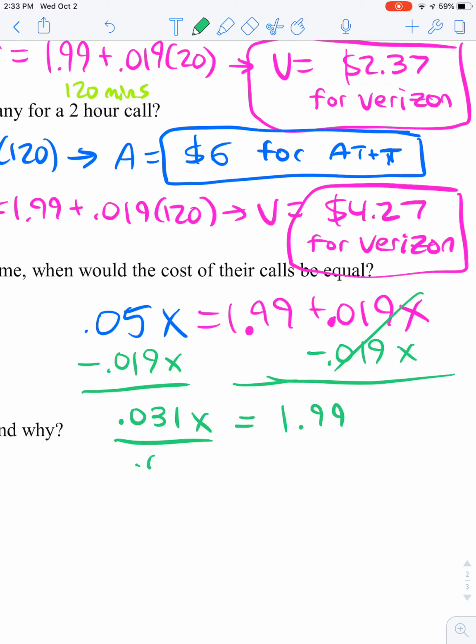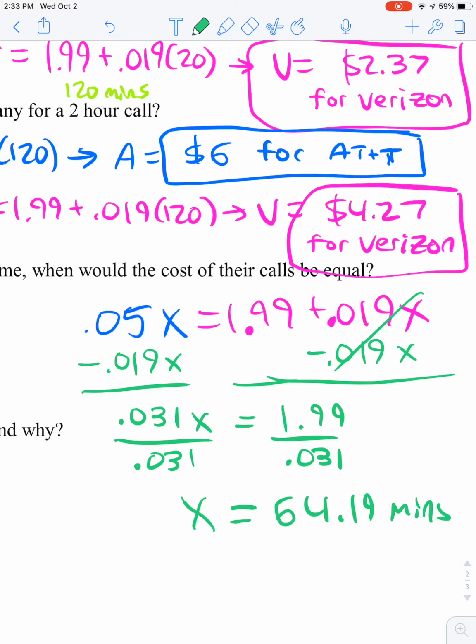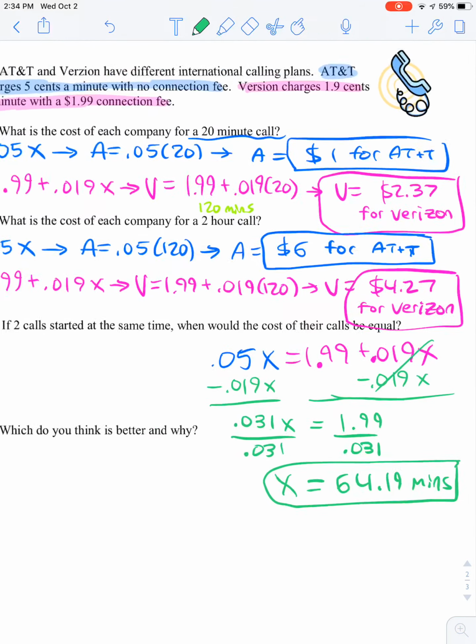Then I can divide both sides by 0.031 and get x equals 64.19 minutes. That's how long it's going to take until the two plans cost the same.